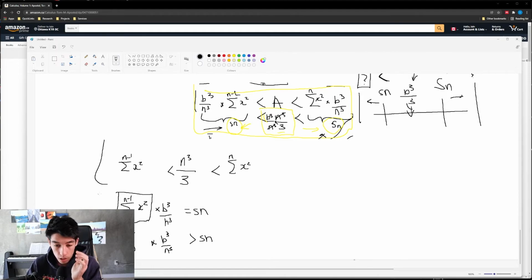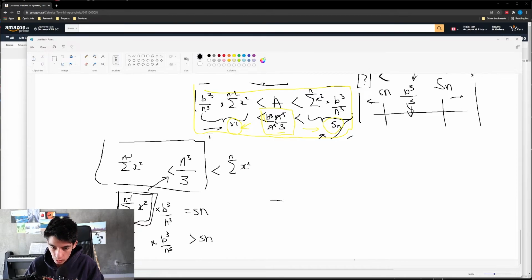So we can take advantage of this by finding a bigger number using this inequality. If we know that the sum of n-1 squares is less than n cubed over 3, actually, sorry, we'll use this instead.